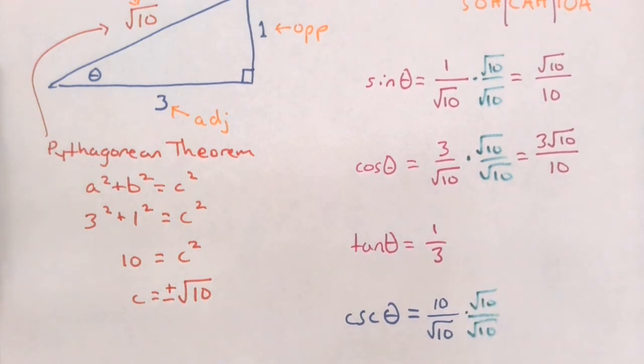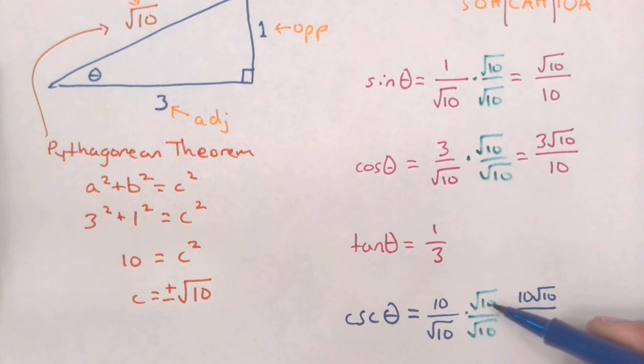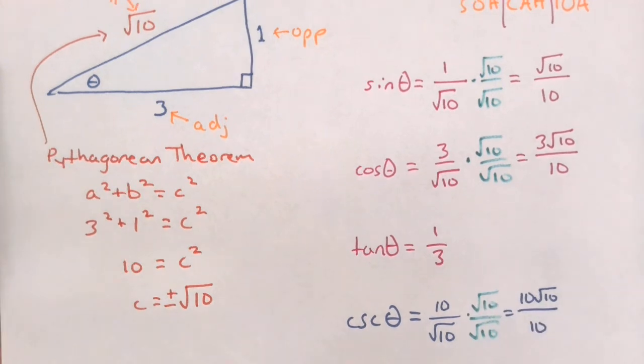I'm going to rationalize that by multiplying top and bottom by the square root of 10 like I did up above. If I multiply straight across the top and straight across the bottom, I'll have 10 times the square root of 10 over 10. I do have a regular number 10 on the top and on the bottom, and these do reduce this time. So I should reduce, in this case, even cancel those square root of 10s out. So the cosecant is the square root of 10. That's our final answer for that.